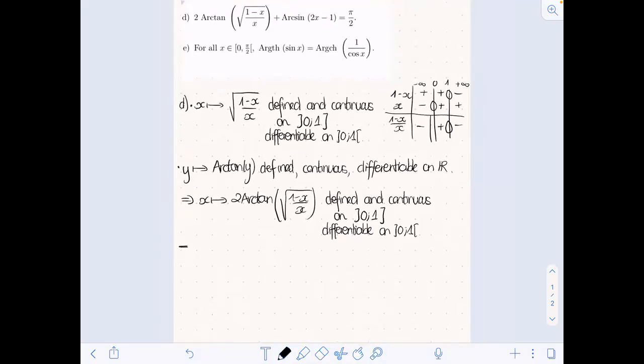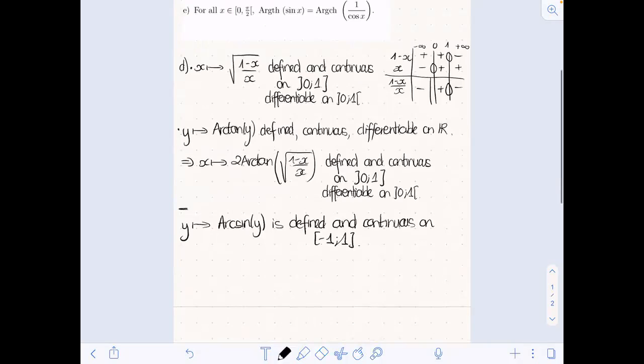So if we now consider x maps to arcsine, or maybe y, because we're going to do a bit of function composition, of y, is defined and continuous on -1, 1, and it's differentiable on -1, 1 excluded.